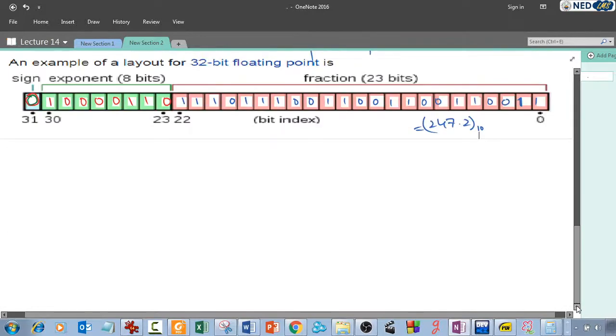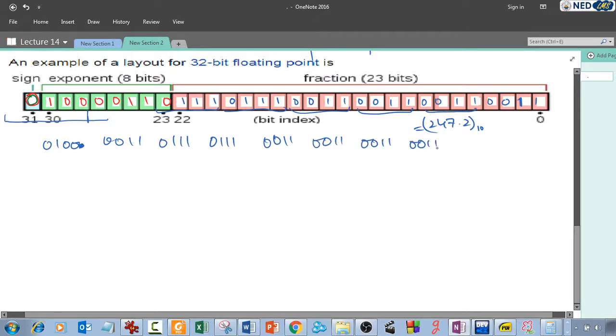If you want to write it down in hexadecimal, because this is a bit pattern, we're going to write this number from here: 0 1 0 0 and then 0 0 1 1 0 0 1 1 and then 0 111, then 0 111, then 0 0 1 1, 0 0 1 1 and then 0 0 1 1 0 0 1 1. So we have 8 groups, so we have 32 bits over here.